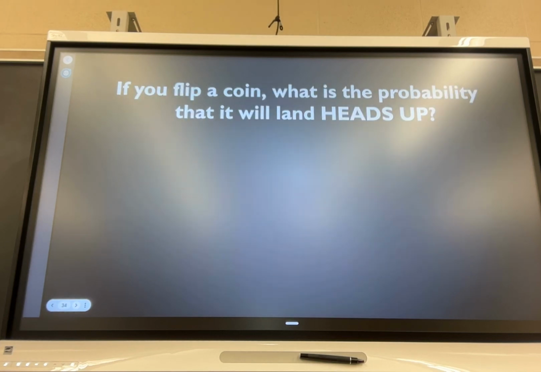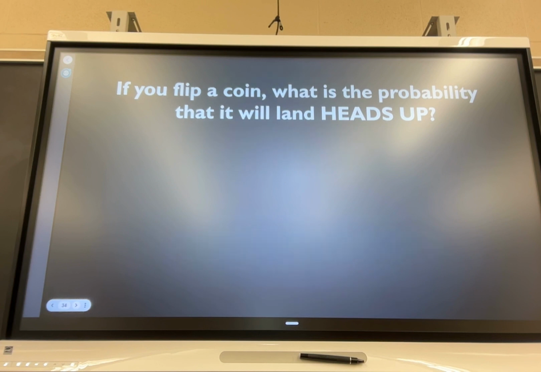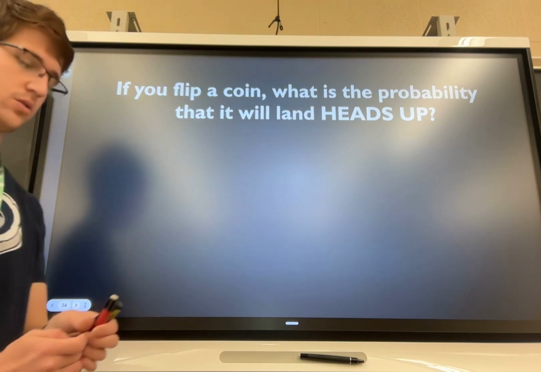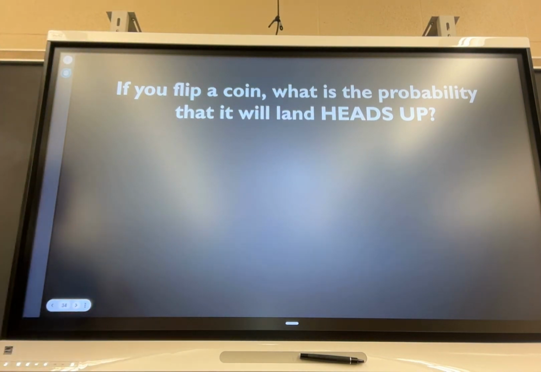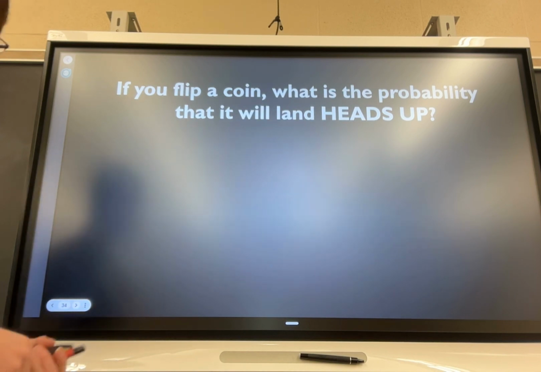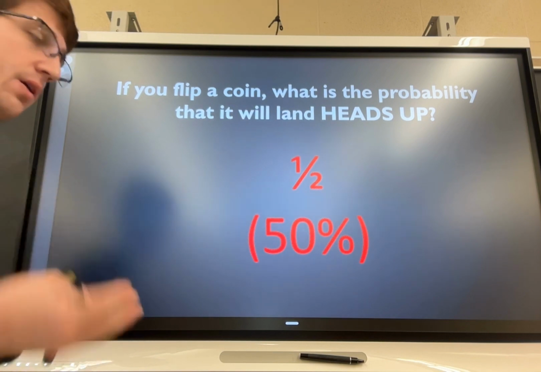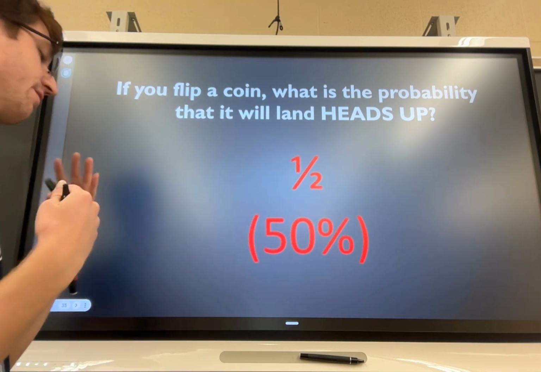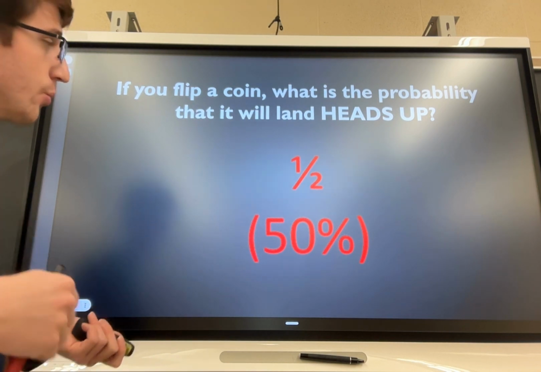So for example, if I take a penny and flip it in the air, the chance of it landing either heads up or tails up is 50%. Half of the time you're going to get heads up, half of the time you're going to get heads down.